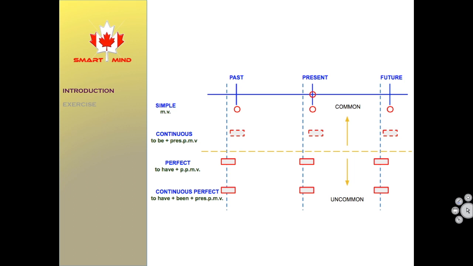And in the continuous perfect mode, we have the auxiliary verb to have plus been plus the present participle of the main verb. We only conjugate the main verb in the case of the simple mode, and in the other modes we have to conjugate only the auxiliary verb.